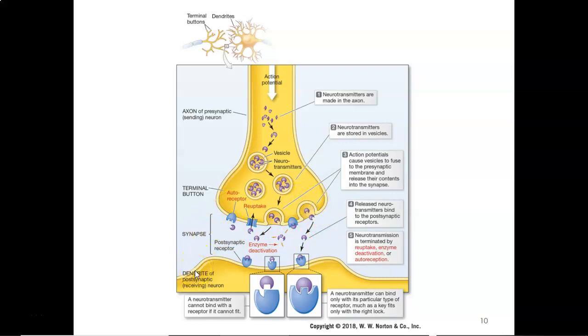My postsynaptic neuron, my dendrite, has receptor sites, and as long as the neurotransmitters released from our presynaptic neuron fit into the receptor site, this dendrite will welcome in that neurotransmitter. So we're using the example of dopamine.